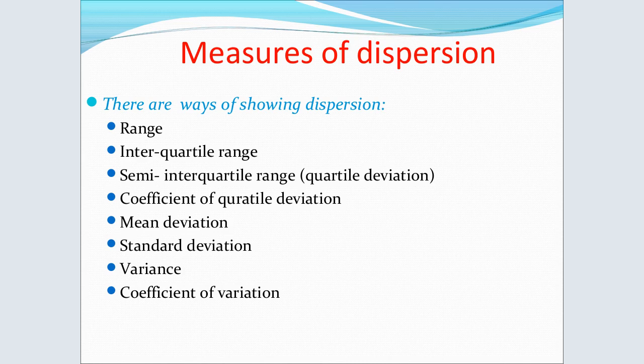a given data set deviates, or sometimes we can say variates, away from the measures of central tendency.